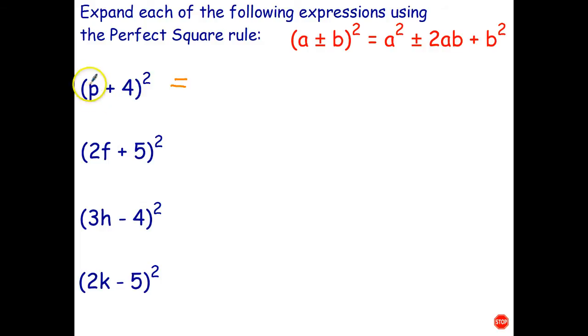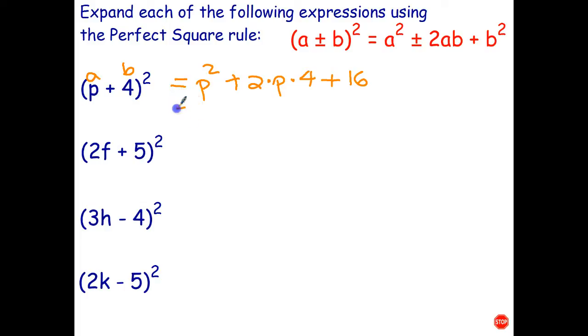So that's of the form a plus b all squared. So that's a, and that's b. And I know that I can write it as a squared plus 2ab plus b squared. Well, a squared in this case is just p squared plus 2, and I'm going to use the dot for multiply, 2 times p times 4, so that's 2ab, plus b squared, well, b squared is 4 squared or 16.